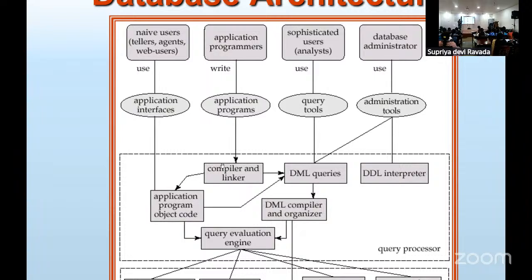Naive users use the application interfaces. Application programmers write the application programs. Sophisticated users use the query tools. Database administrators use the administration tools. Up to this, clear? Yes or no?